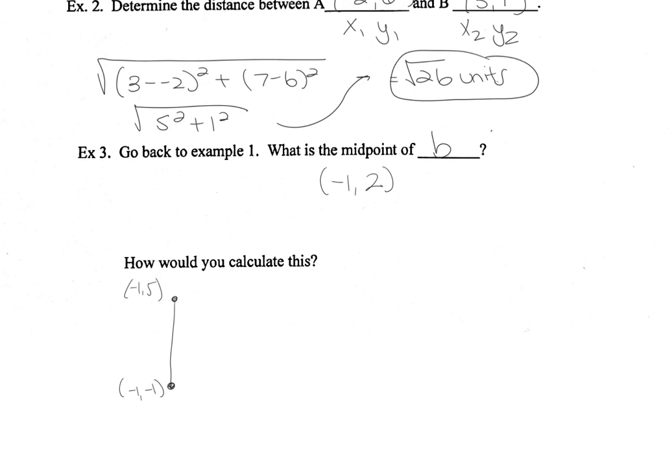I'm looking to find the middle of the x coordinates, and so just like we do with test grades, we could average them together. So it's x1 plus x2 divided by 2. And then we'll do the same thing for the y's. So y1 plus y2 divided by 2. And there is our -2 over 2, or -1, and 4 over 2, or 2.